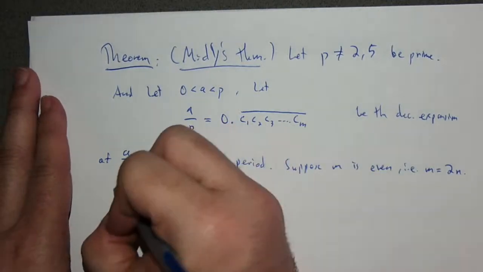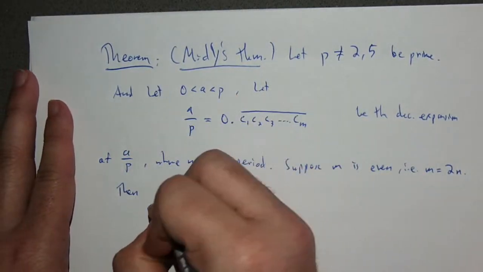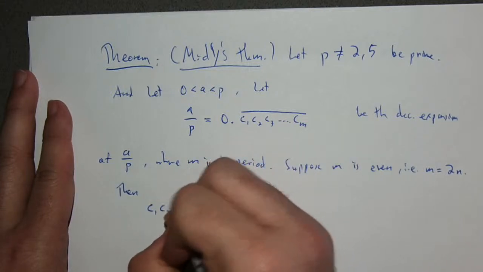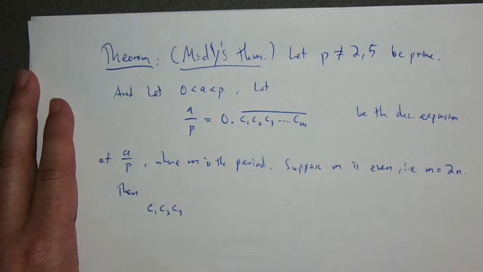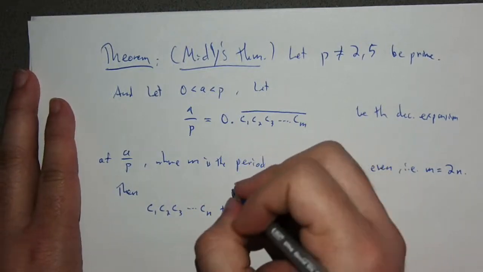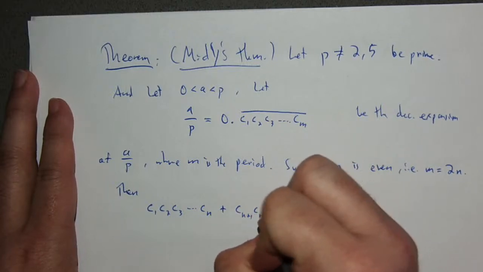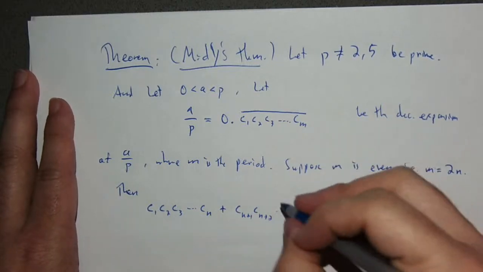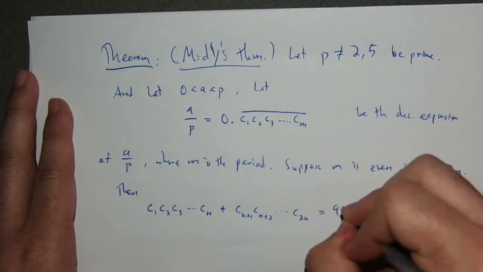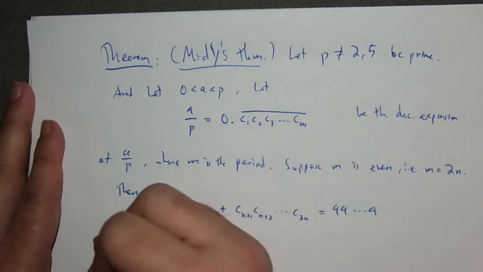Then, added as integers, the integer formed with the digits c sub 1, c sub 2, up to c sub n, plus c sub n plus 1, c sub n plus 2, all the way up to c sub 2n, is equal to 9, 9, and so on, 9, where there are n nines.